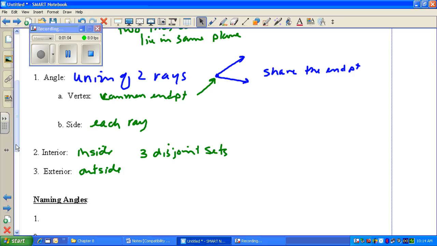So if we look at this angle, where are my two rays? Here's my vertex. We have the inside, called the interior. We have the outside, which is called the exterior. And then we also have the angle itself. So those are my three disjoint sets. And in that is a plane.